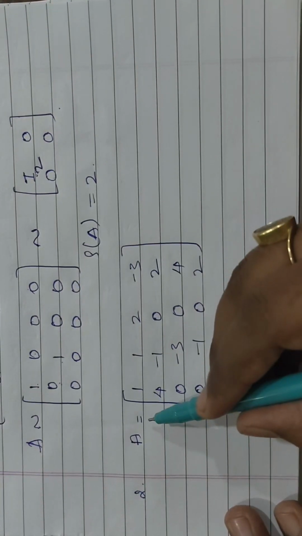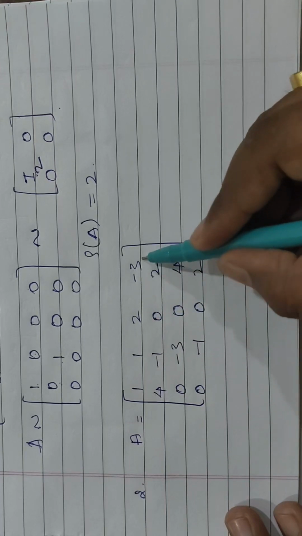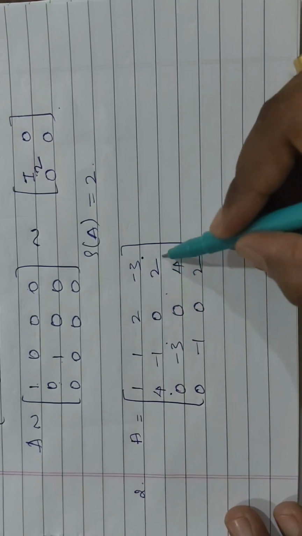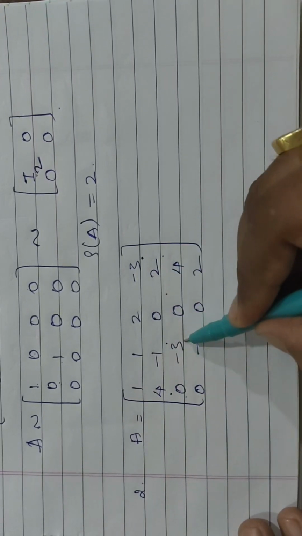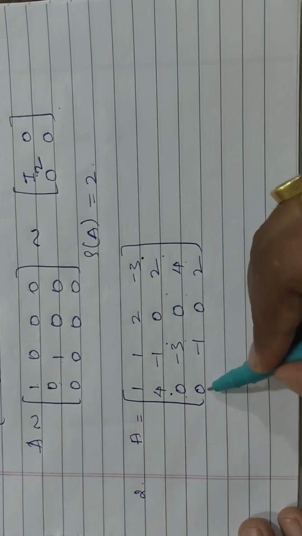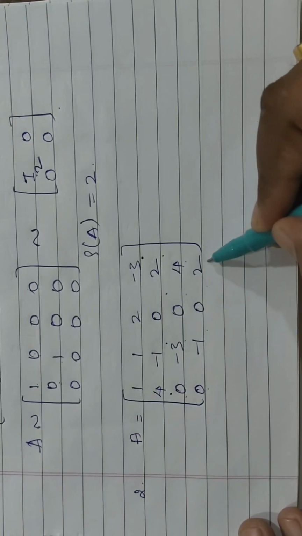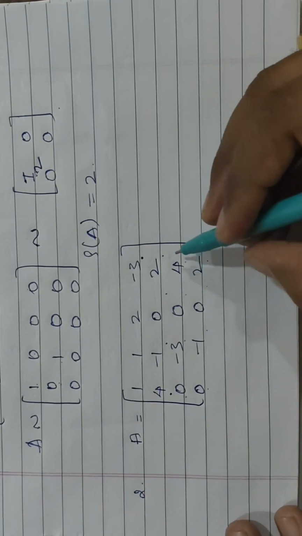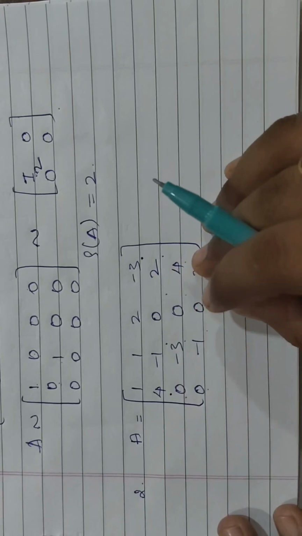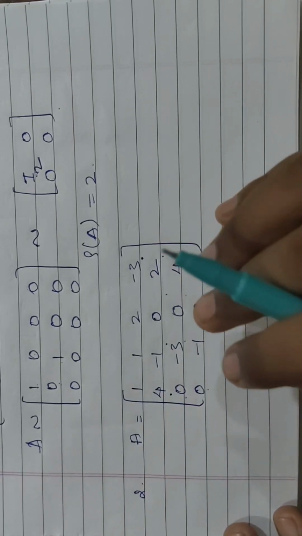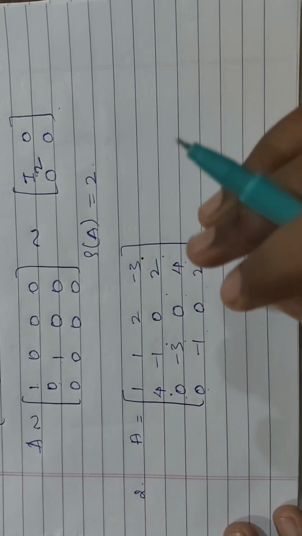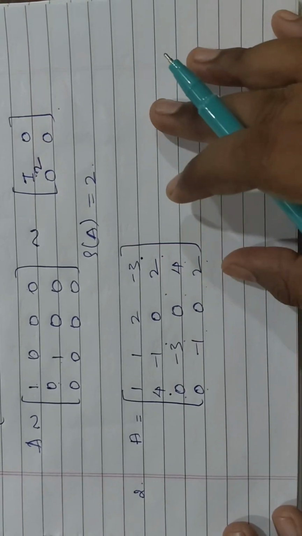A is equal to 1, 1, 2, minus 3, 4, minus 1, 0, 2, 0, minus 3, 0, 4, 0, minus 1, 0, 2. Okay. And here, first we'll reduce the given matrix to echelon form and then to normal form and then find the rank of a matrix. Okay.